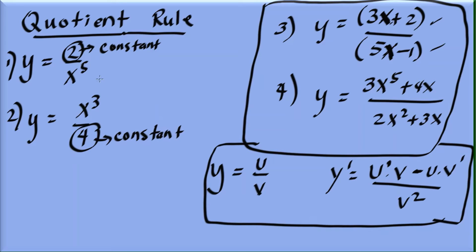So if the numerator or denominator is a constant, although it's a quotient rule question, you can actually bypass the quotient rule and use something that's easier to get the derivative of these two questions. So let's go ahead and show you that.